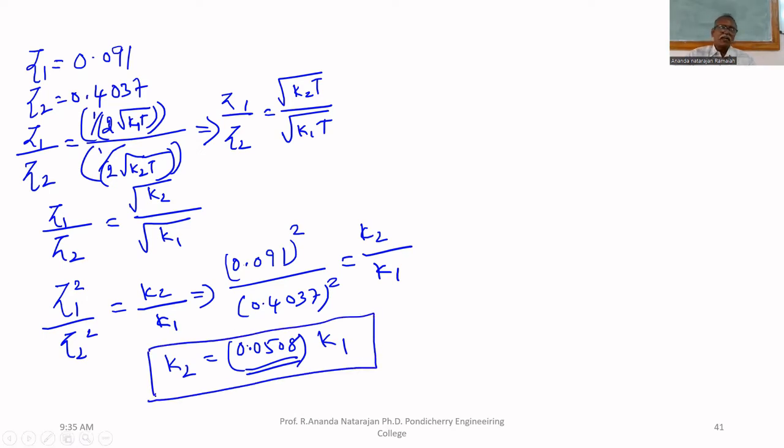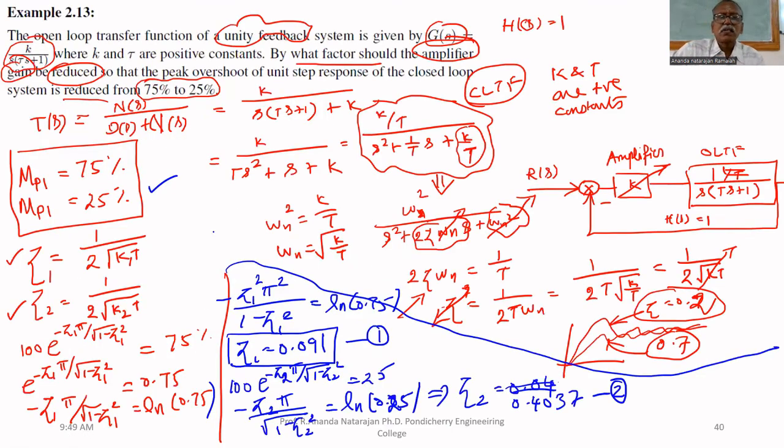We have to reduce the gain by this factor. This is a very, very important sum. We are understanding many things from this sum. By what factor should the amplifier gain be reduced? We have to reduce the gain by 0.0508. Suppose the earlier gain is 1, then we have to reduce the gain of this amplifier to 0.0508. That is the meaning.